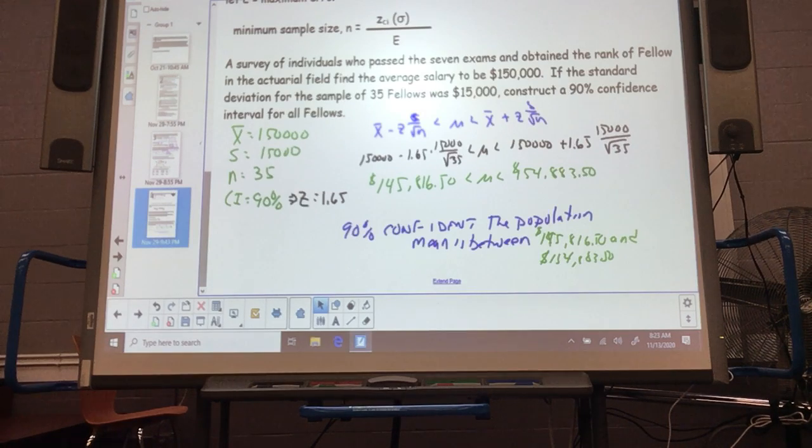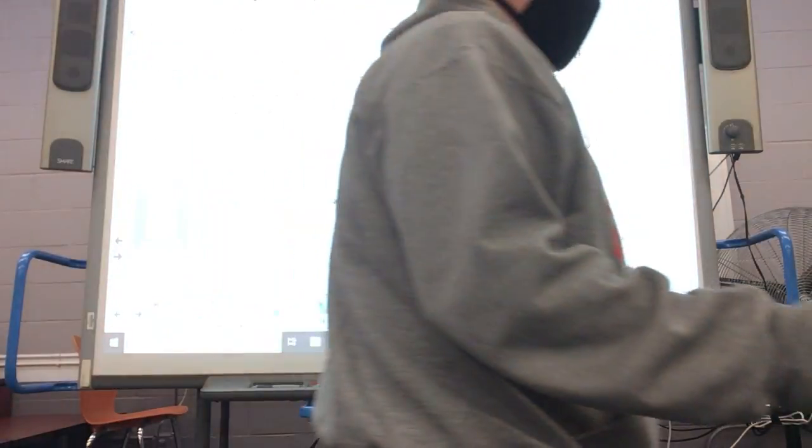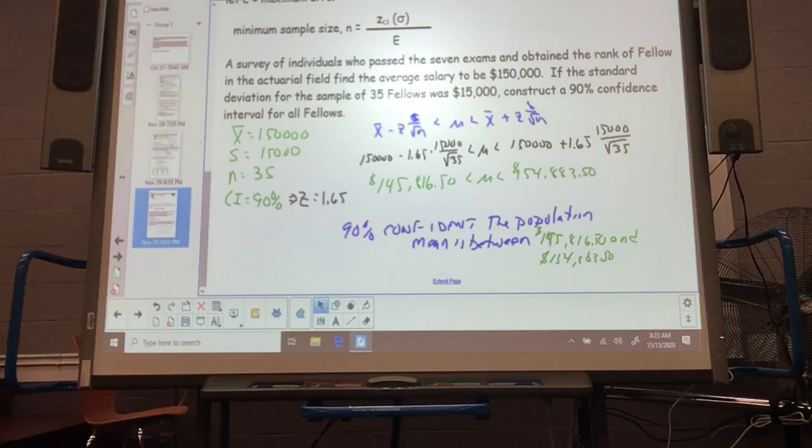In your homework, you have some confidence interval problems to do. In each one of these homework problems, I'm asking you to find a 90, 95, and 99% confidence interval. What I want you to do is pick two in each of them, and just do two.